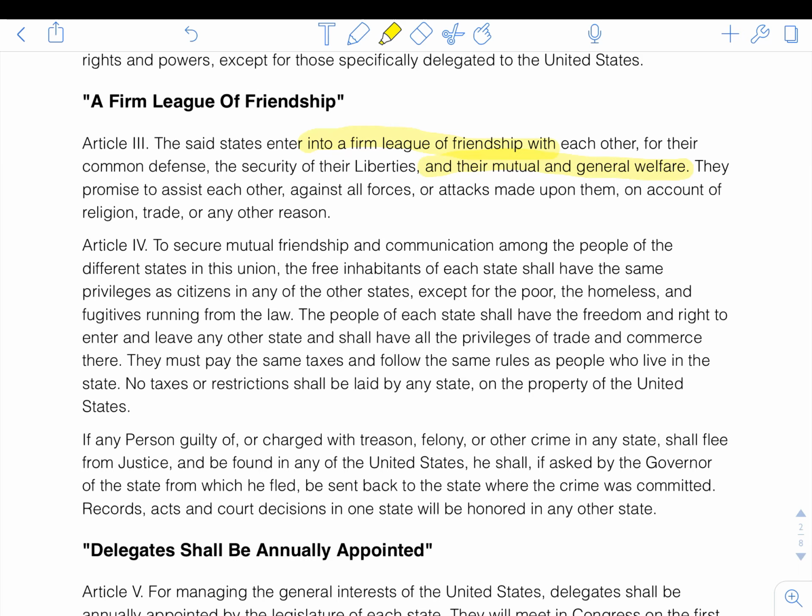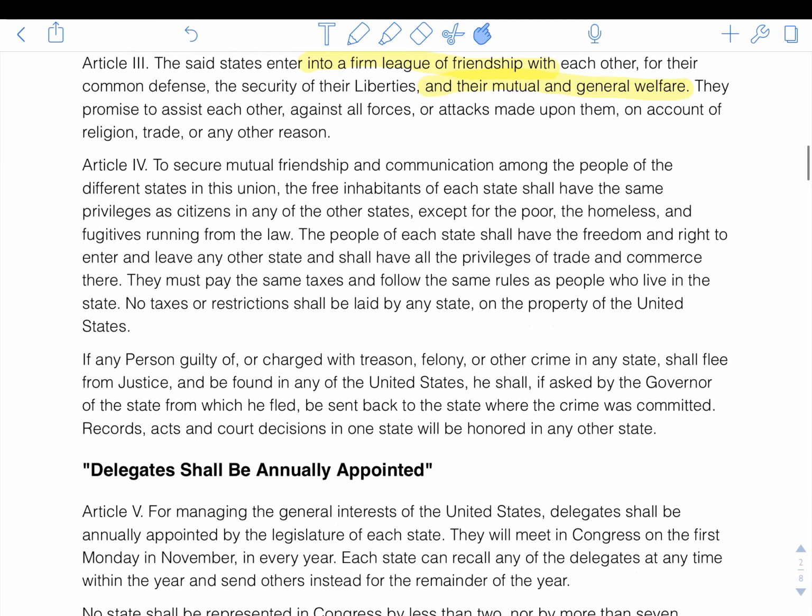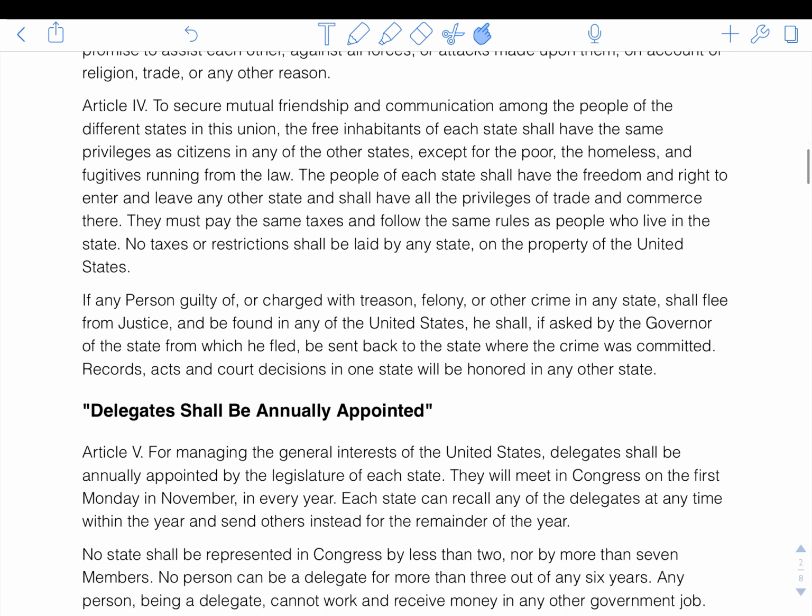So they have each other's back. Article 4, to secure mutual friendship and communication amongst the people. So, how we're going to communicate and work together. So again, we're just taking mental notes. And you see, I'm not reading everything word for word because I don't really know what the questions are yet. So the idea is we're just going to take some mental notes. So that's Article 4.